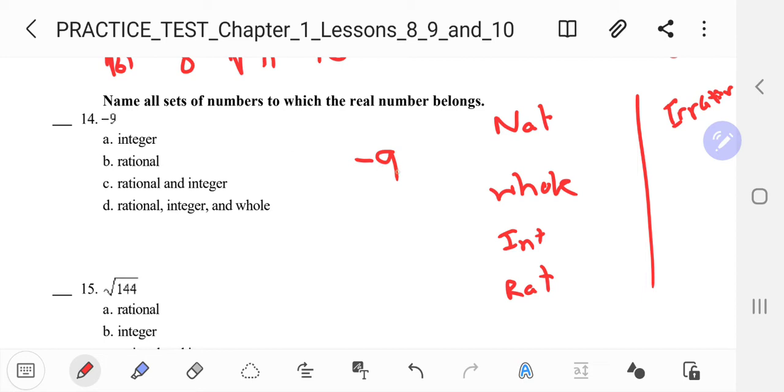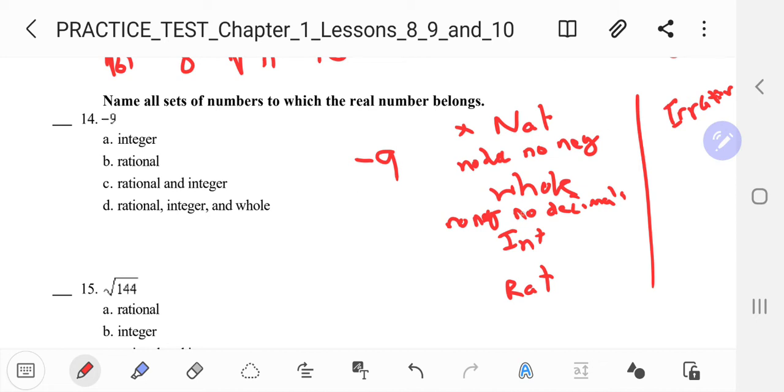We look at -9, and remember, natural numbers have no negatives and no decimals. So no negatives, that cancels it out. Whole number, no decimals, no negatives, right? And natural numbers have no zero.